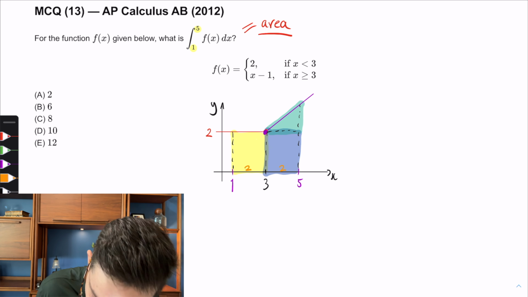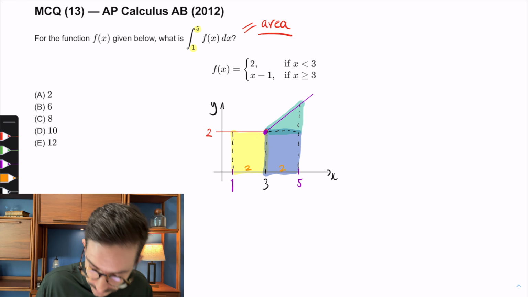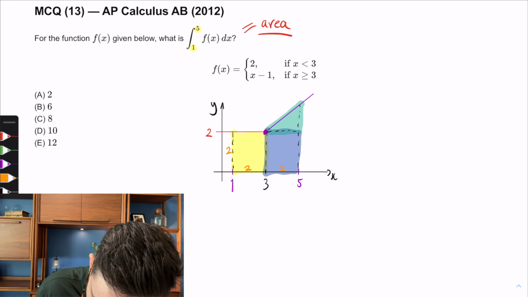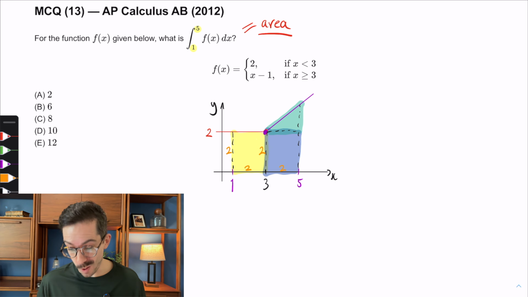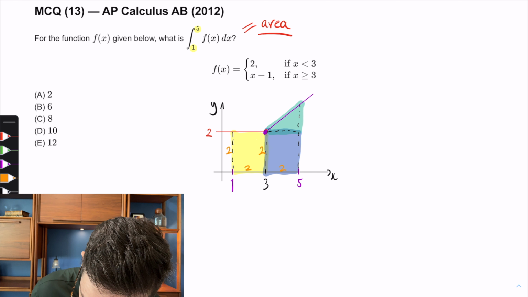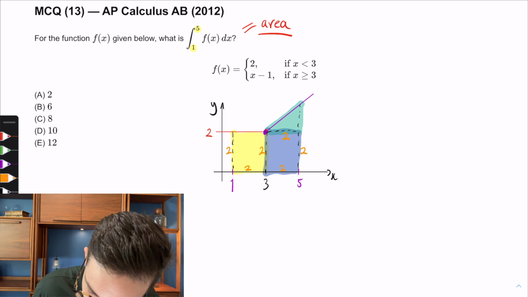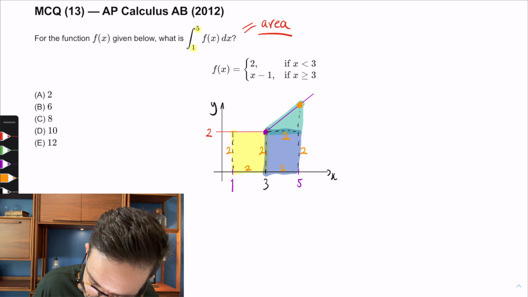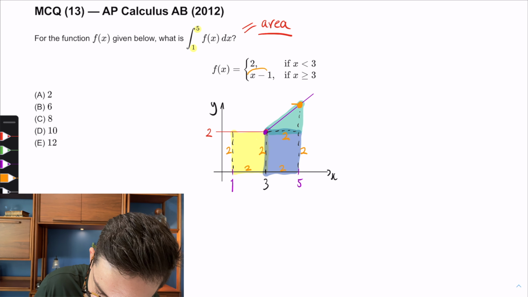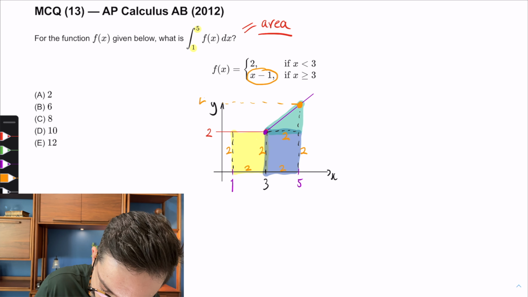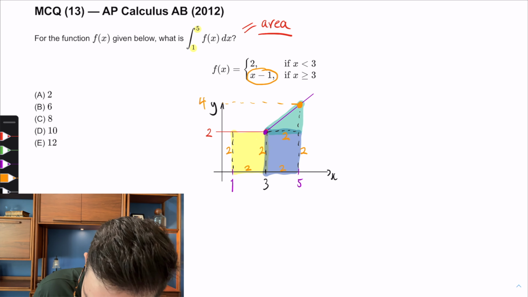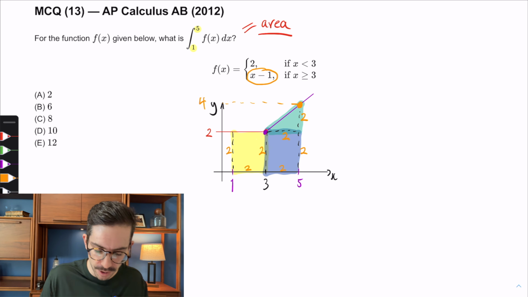This is side length 2, because it's 3 up to 5. This is side length 2, so that's actually a square. I also then have side length 2 here. And for my triangle, I have a base of 2. And well, over here, when x is 5, what is my rule for the function giving me? It's giving me 4. So that tells me I have another 2 there.